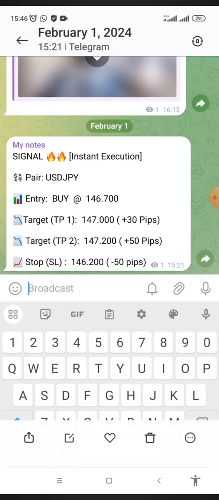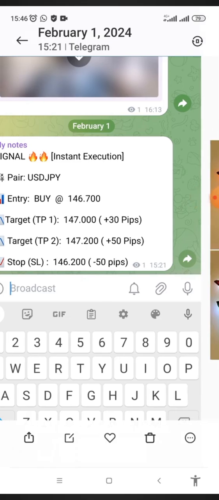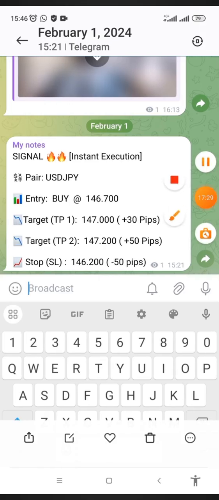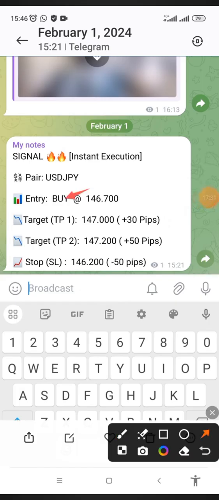If the signal you saw is a sell signal, in this case this one is a buy, but if what you saw was a sell, then if the current price goes below this price, it becomes too late for you to enter. But if price is still above this price, it becomes better for you to sell. Do you get it? If the price is below this entry price for a sell, then it becomes a late trade for you to enter.